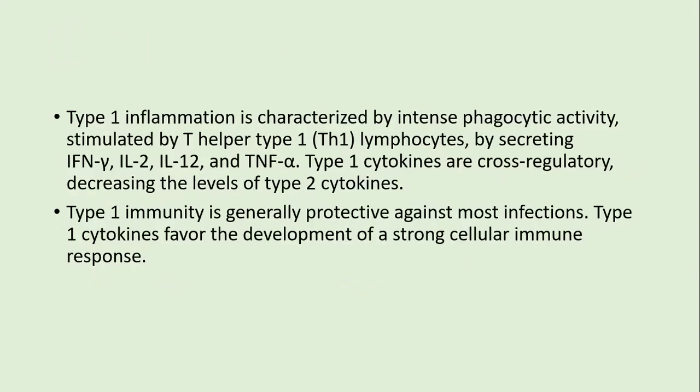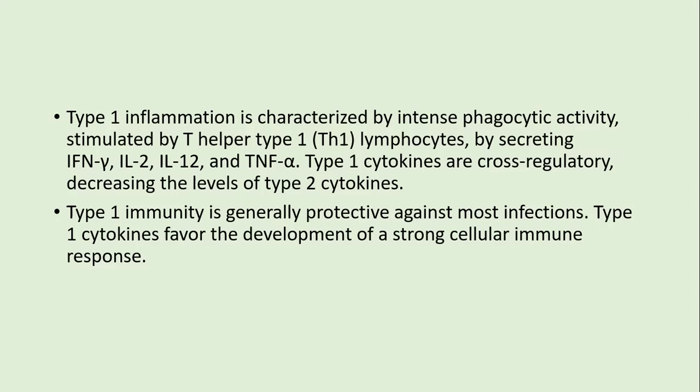Type 1 inflammation is characterized by intense phagocytic activity because it causes the stimulation of macrophages, which is stimulated by Th1 lymphocytes and secrete interferon gamma, interleukin 2, 12, and tumor necrosis factor alpha. The type 1 cytokines cross regulate and decrease the level of type 2 cytokines.